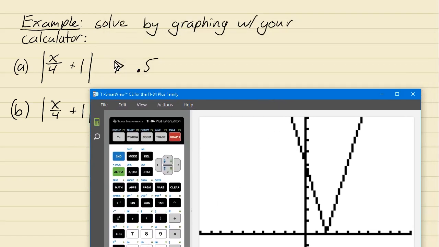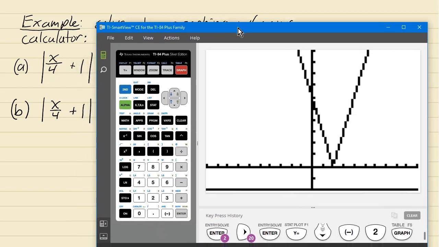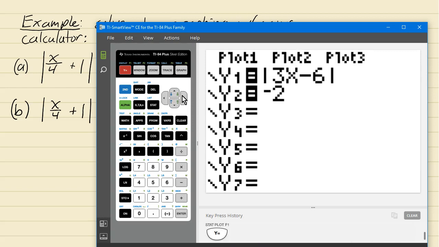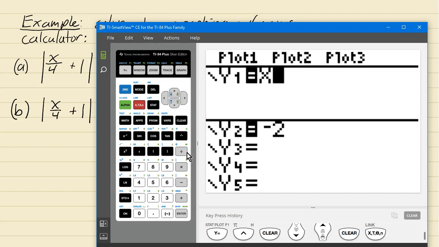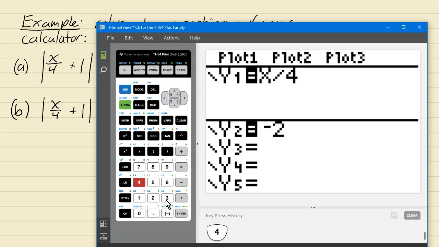We're going to graph y equals the thing on the left, and then we're going to see what values of x make y greater than 0.5 for the first one. So it's going to be x over 4.